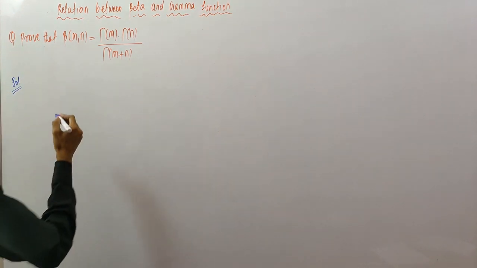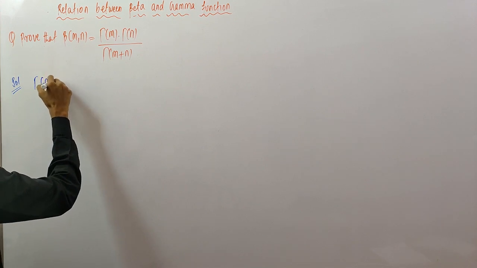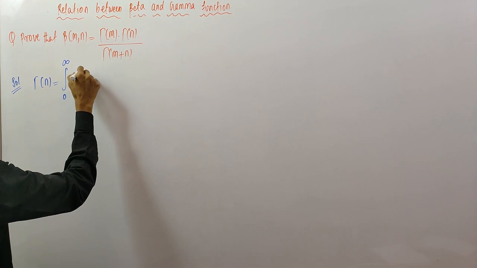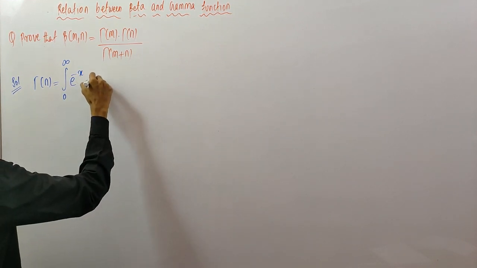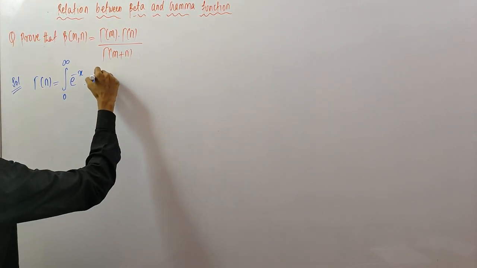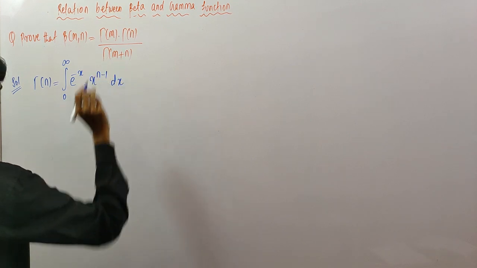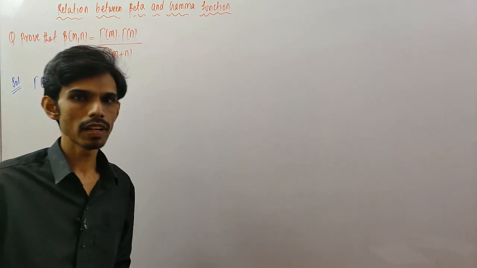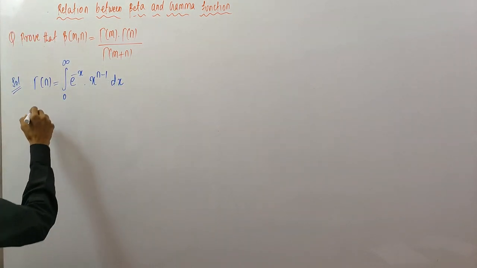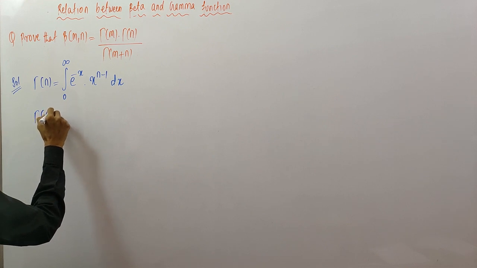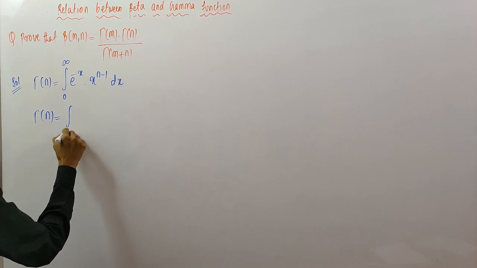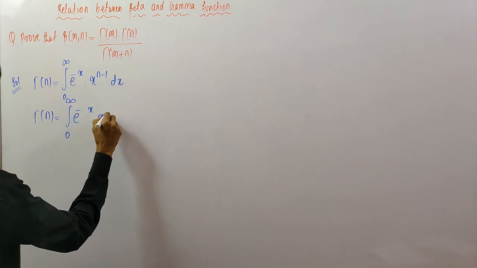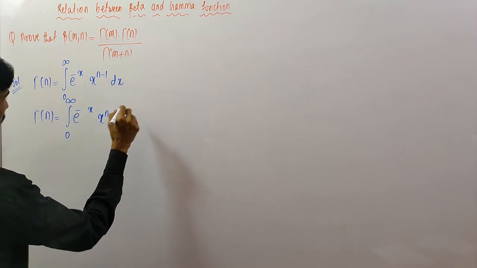Let us discuss here. We have gamma of n is equal to integration 0 to infinity e power of minus x into x power of n minus 1 dx. Now by the transformation of gamma function, we have gamma of n is equal to integration 0 to infinity e power of minus x into x power of n minus 1 dx.